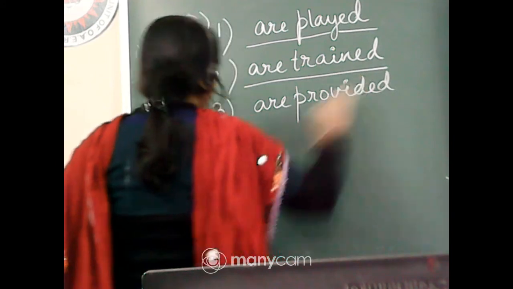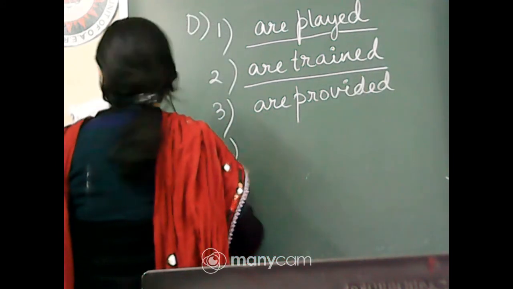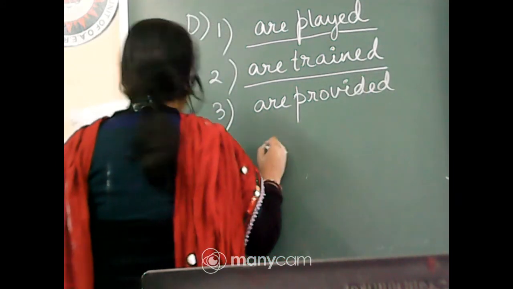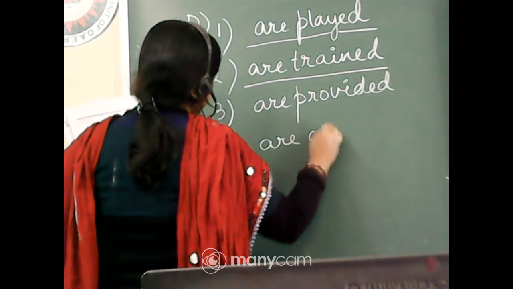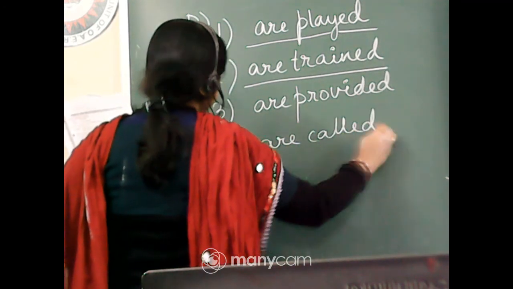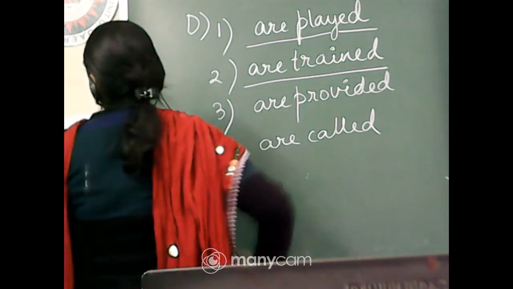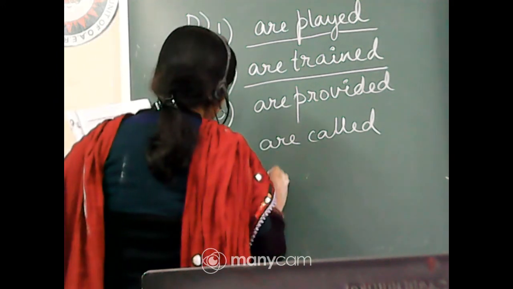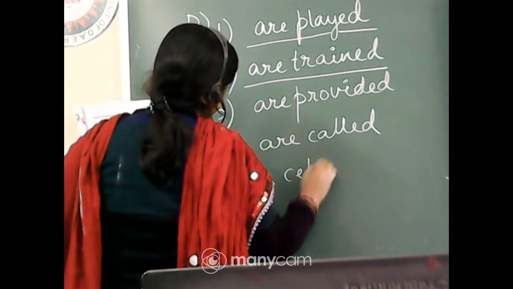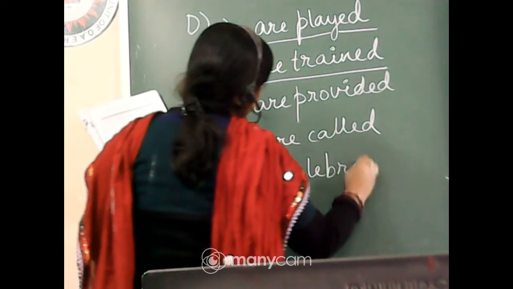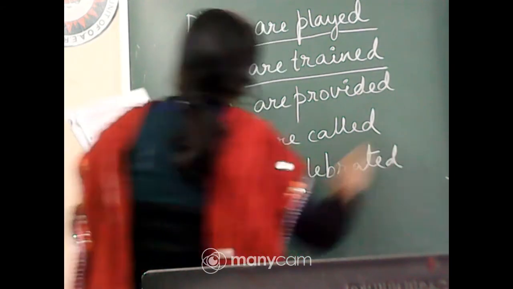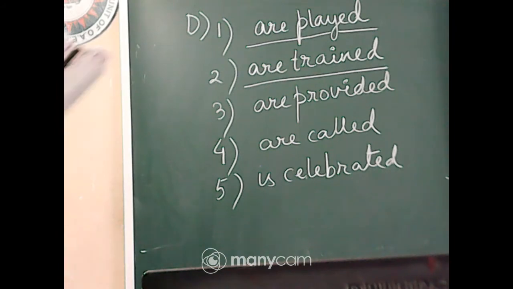So we proceed likewise. Number 4, the students are called. And number 5, the Republic Day is celebrated. Done? Okay.